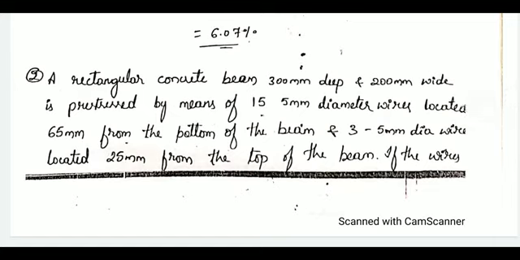A rectangular concrete beam 300 mm deep and 200 mm wide is pre-stressed by means of 15 number of 5 mm diameter wires located 65 mm from the bottom of the beam and 3 5 mm diameter wires located 25 mm from the top of the beam.